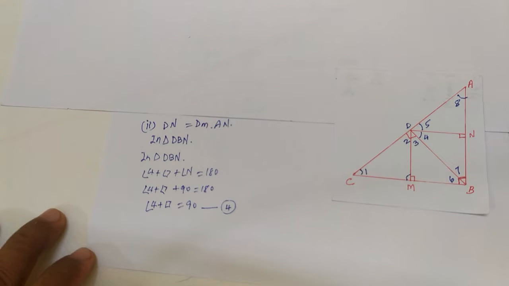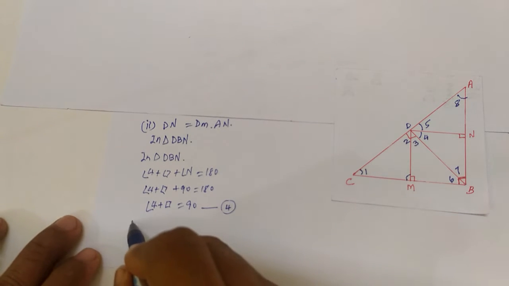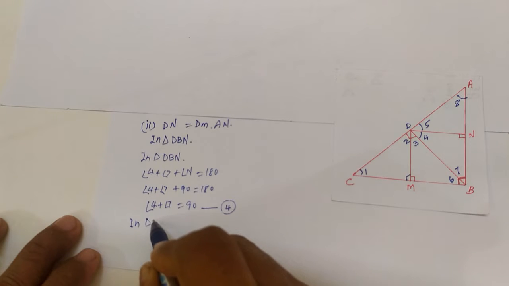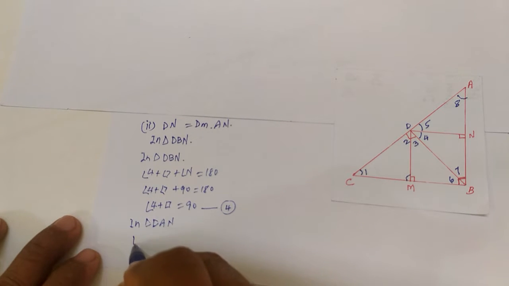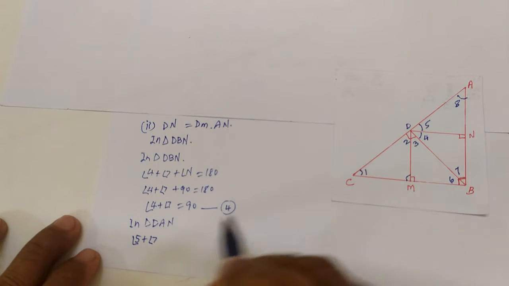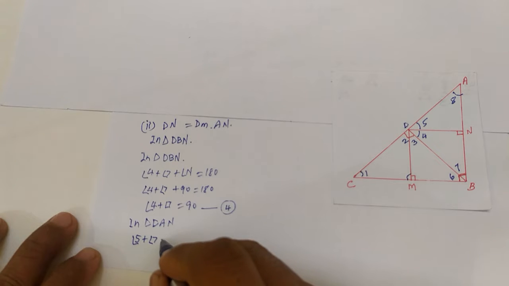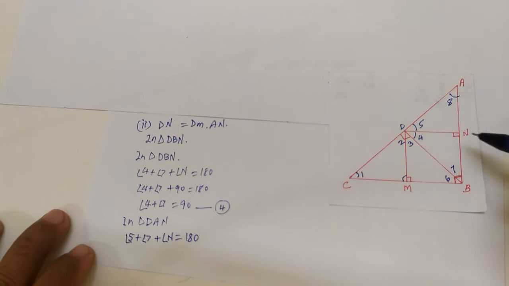And in triangle DAN, we can say angle 5 plus angle 7 plus angle N is 180, and this is 90 on this side, the other side also it will be 90.